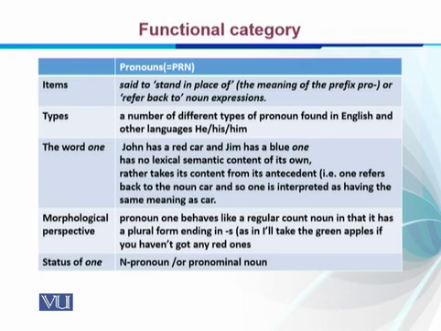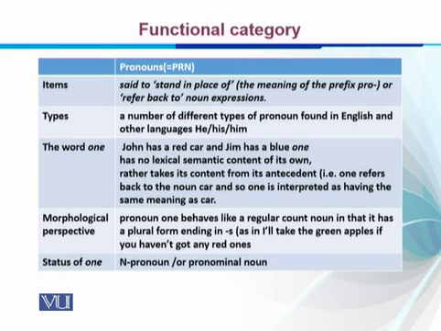For example, John has a red car and Jim has a blue one. If you look at this one, it has no lexical semantic content of its own in this sentence, rather it takes its content from the antecedent. Here the antecedent of one is the car that John has, right?